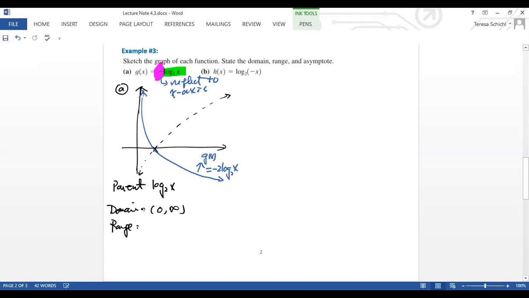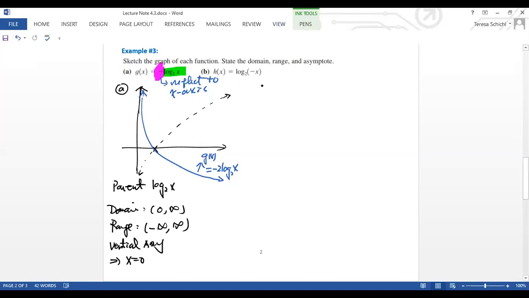Well, I just flipped over the x-axis, so the range is still from negative infinity to positive infinity here, right? So what are the asymptotes here? Oh, I still have the y-axis. So I still have a vertical asymptote, right? I still have x equals 0, the vertical asymptote. So when you flip over the x-axis, it does not change much, right?